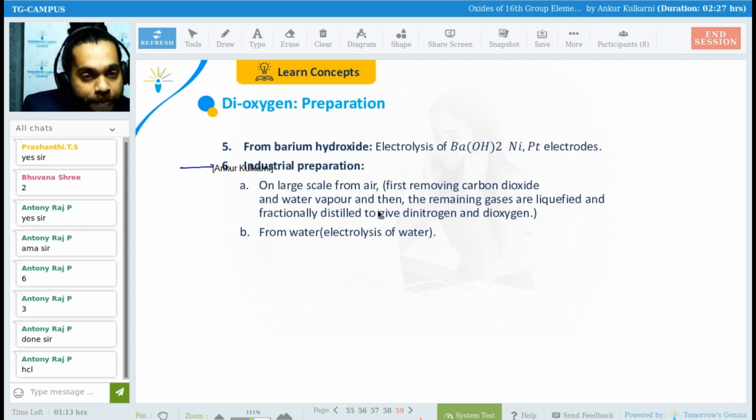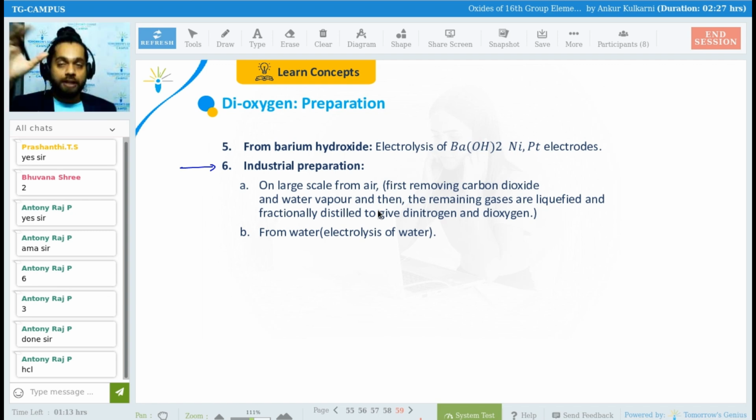Now for industrial preparation, how do we prepare it on the large scale? Simply, we take it from the atmosphere. Oxygen gas is there in the atmosphere. Which gas is maximum in the atmosphere?